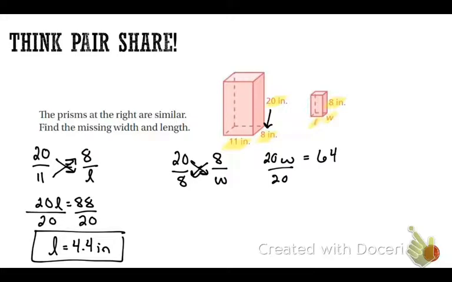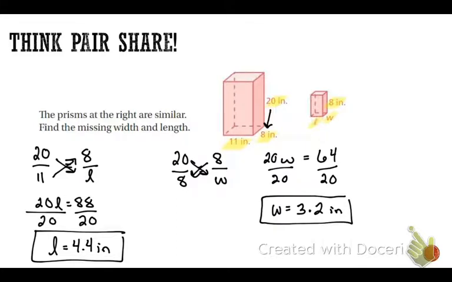Divide both sides by 20. W equals what? 3.2 inches. 3.2 inches. All right, thumbs up if you got it.